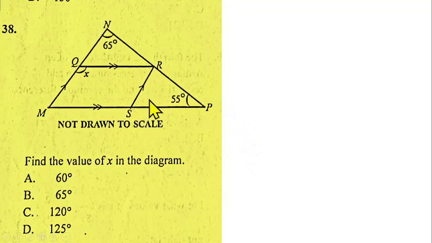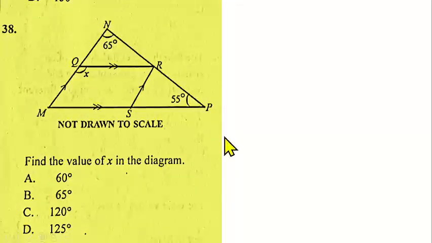So if they are parallel, what can we say? Now our aim is to find the value of x, which is this angle here. But we can see that this big diagram here is a triangle, NPM, and in that triangle we have two angles given. Then we can find the angle that is here from this big triangle.